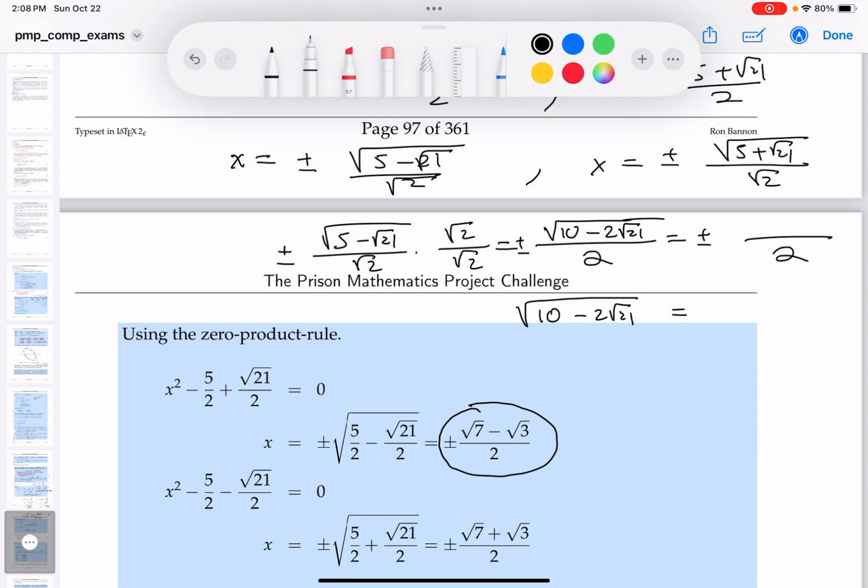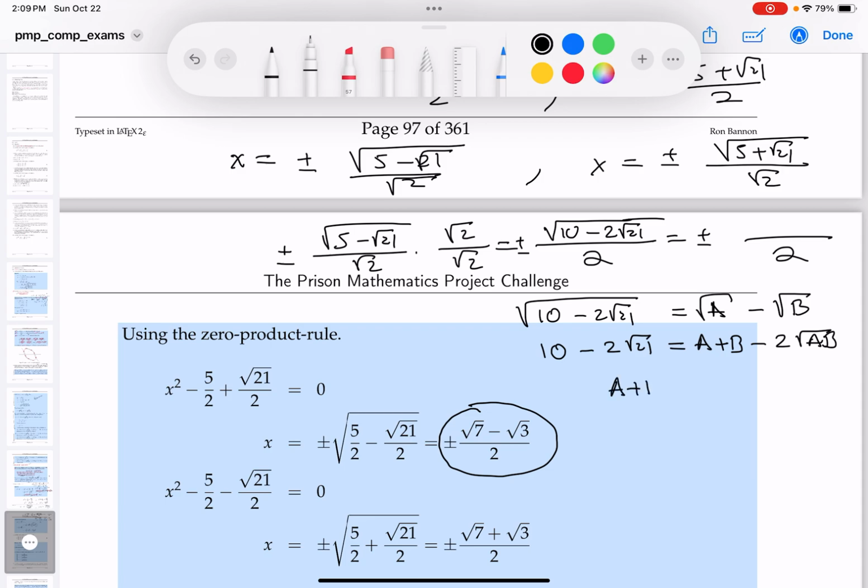A way to do that is to assume it can be done. I'm going to assume it's the root of A minus the root of B. I'm going to square both sides, and what do you get? 10 minus 2 root 21 equals, well, if I squared the right side, I'd get a plus b minus 2 root ab. What do I know about this?